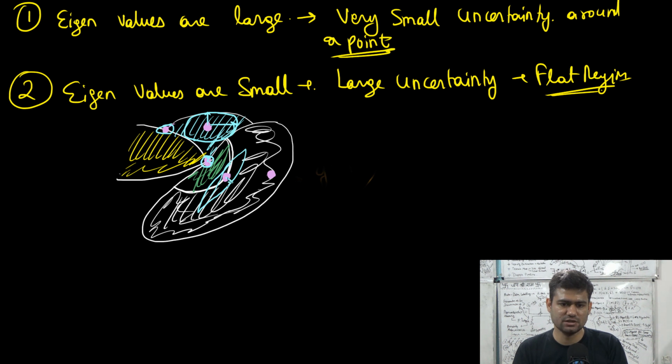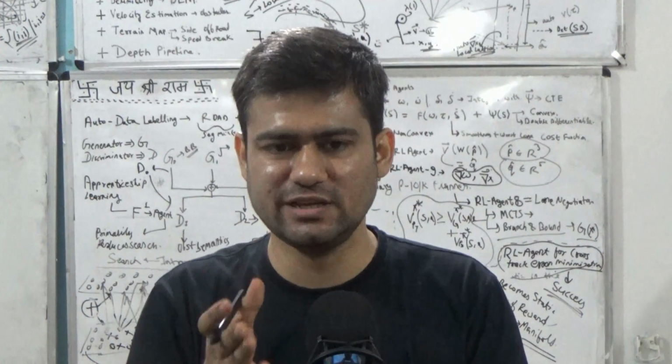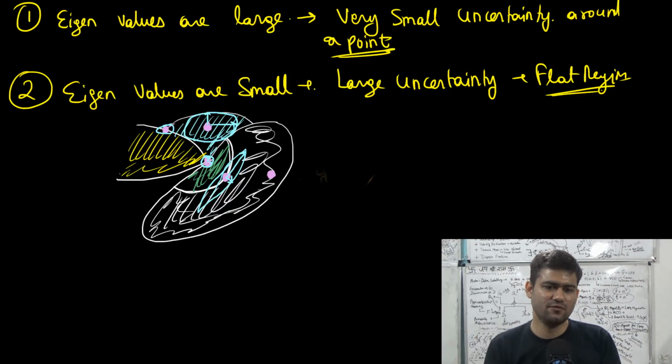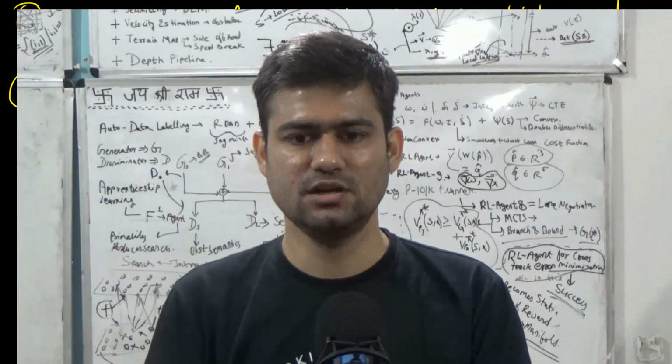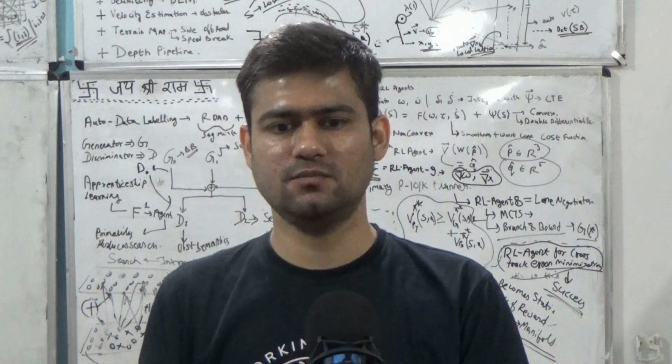So in this direction there is not so large an uncertainty, but in this direction, tangential to the edge, there is a very high degree of uncertainty. And again, this point is a flat region. So this is what it would be.